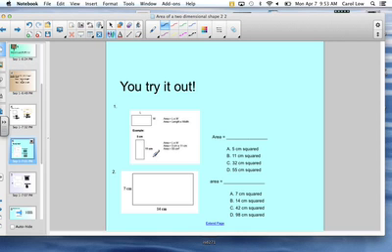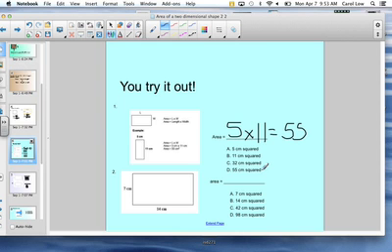You should have come up with D, 55 centimeters squared, because 5 times 11 equals 55. And then you're going to label it centimeters squared.